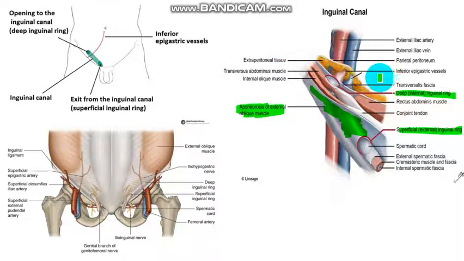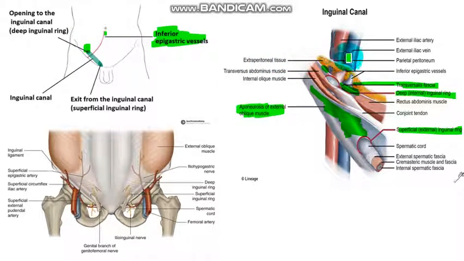Then we have the internal, the posterior-most layer, formed by the fascia transversalis, which forms the opening of the deep inguinal ring, and which opens slightly lateral to the inferior epigastric vessels, as we can observe in this diagram also.